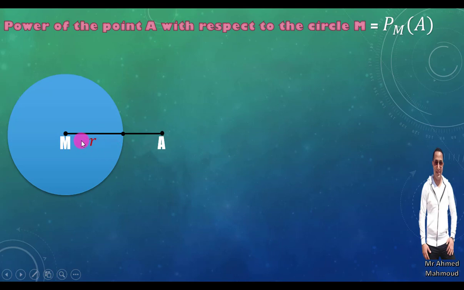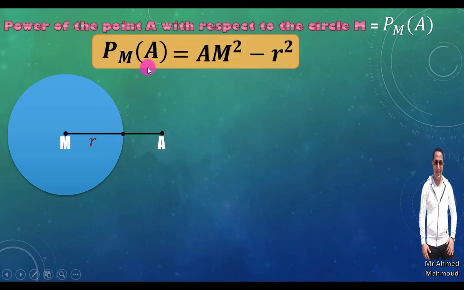What is the power of the point A? The power of the point A is a relation equal to AM to the power of 2 minus R to the power of 2. Again, PM of A equals AM to the power of 2 minus R to the power of 2.